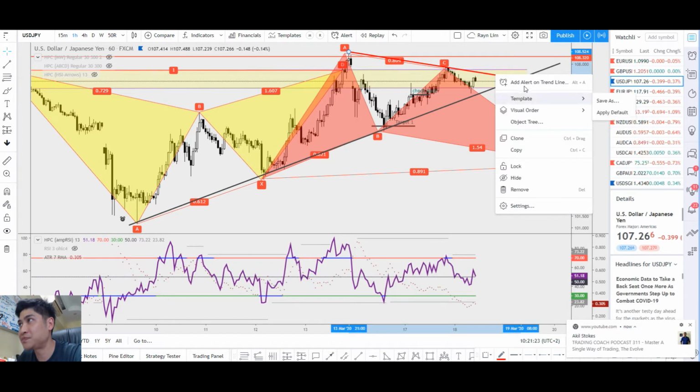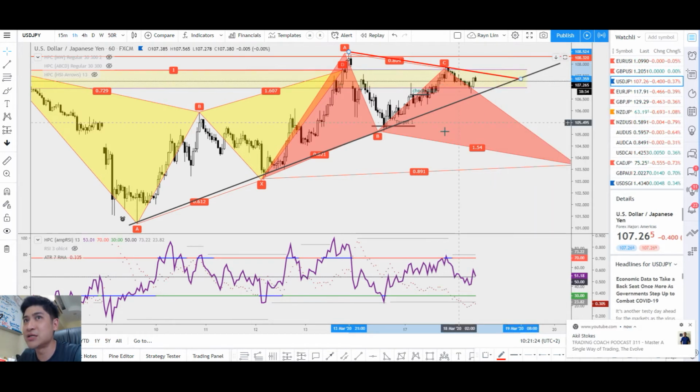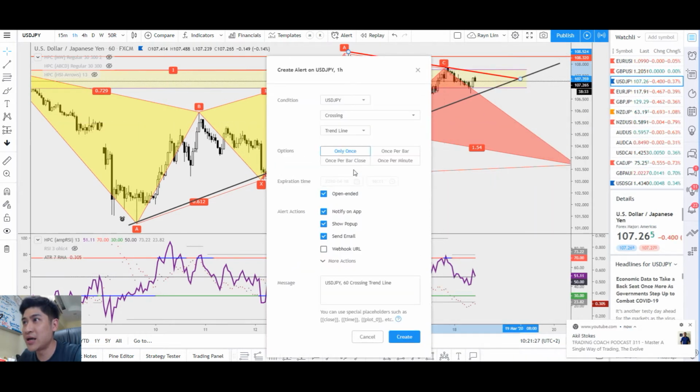Alright, so what I'm going to do is add an alert, and I can choose as per bar close. So I will not get the alert if the bar was not closed, then I have to wait for it to close and all those unpleasant things. I can write my secret code: H1 TL break resistance.